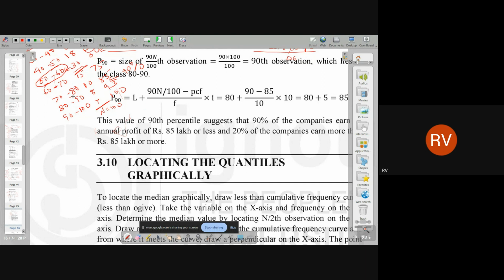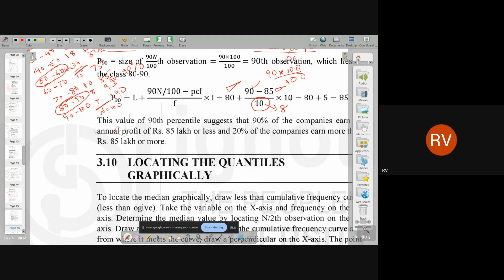Therefore 80 to 90 is the actual class, and 80 is the lower limit. 90n by 100 is 90 into 100 by 100, that is 90. 90 minus the PCF just before 90%, that is 85, divided by the actual frequency of 80 to 90. The actual frequency is 8, not 10.